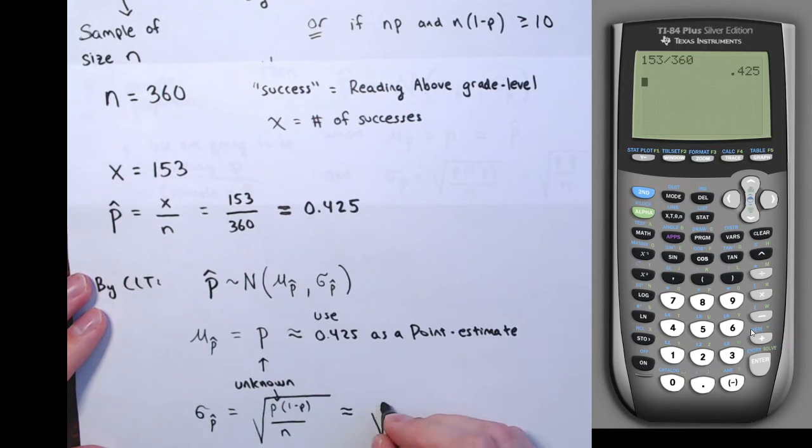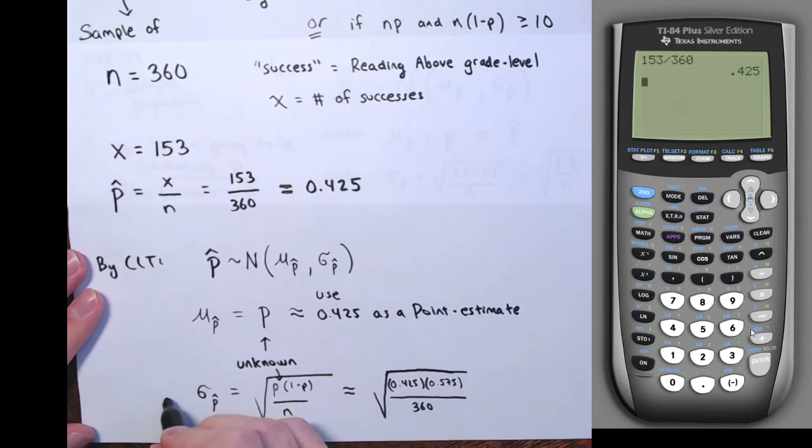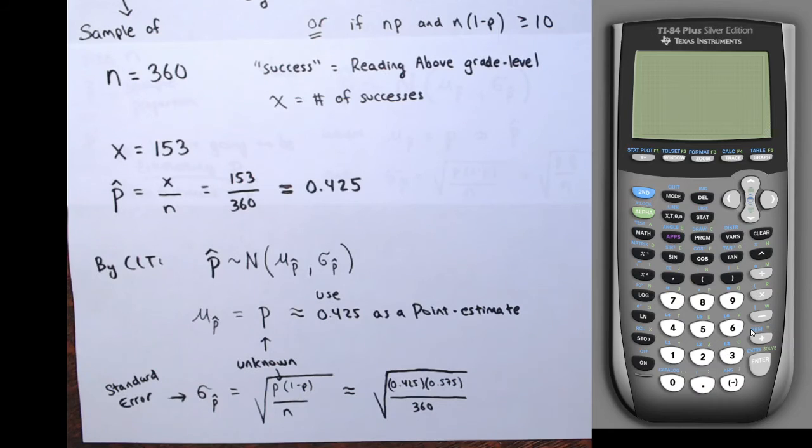Instead of that, we'll use the square root of 0.425 times 1 minus 0.425, which is 0.575, and then divided by the sample size, 360. And this is what we're asked for here. This is the standard deviation of the p hats, or the standard error. You might see it referred to as the standard error of the sample proportions as well.